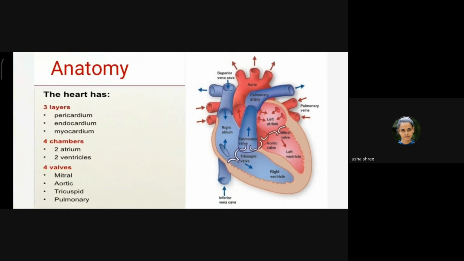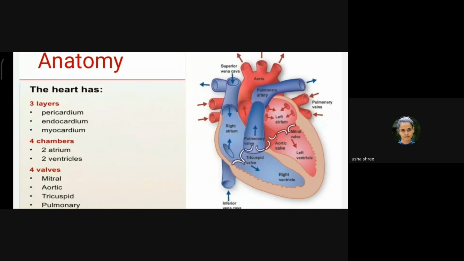Now understand the concept of circulation through the heart. Deoxygenated blood is being collected in veins, and then it is being collected at the right atrium through the superior vena cava. You can see the right atrium in this picture. Now, this deoxygenated blood is being passed to the right ventricle.